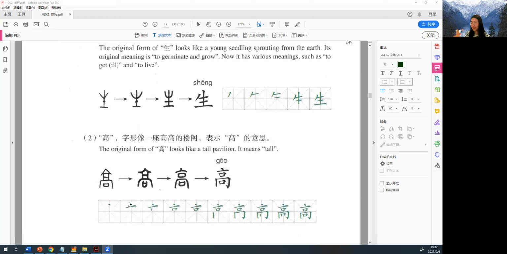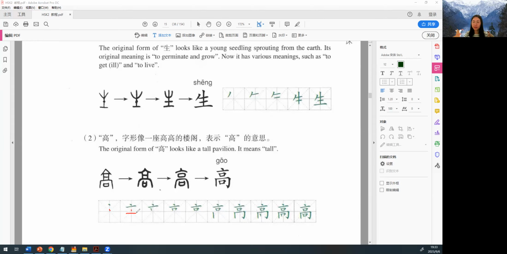So yes, and please always follow the structure. So it's always from left to right, from top to the bottom. So if we write the 高 over here, let me do this. Pencil should be here. All right. So here, 1, 2.